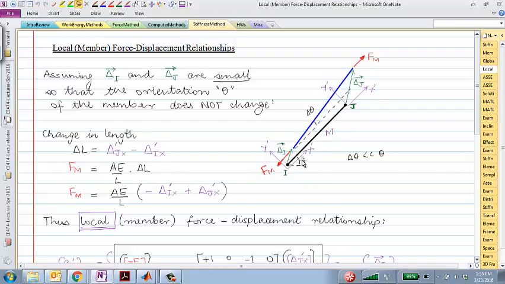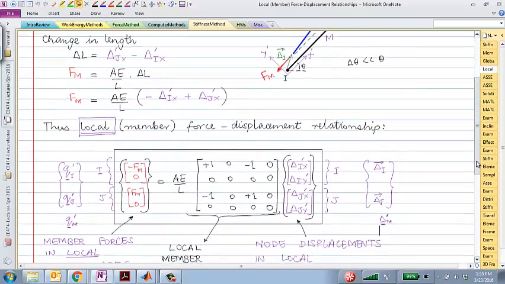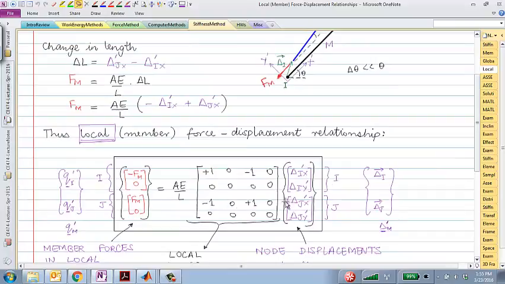That would be the change in length of the member when it goes from the undeformed black configuration to the deformed blue configuration. And using that, I can immediately calculate the force in the member. So force would be just AE over L times that delta L. And using that, we came up with this 4x4 matrix system of equations to represent that force displacement relationship.